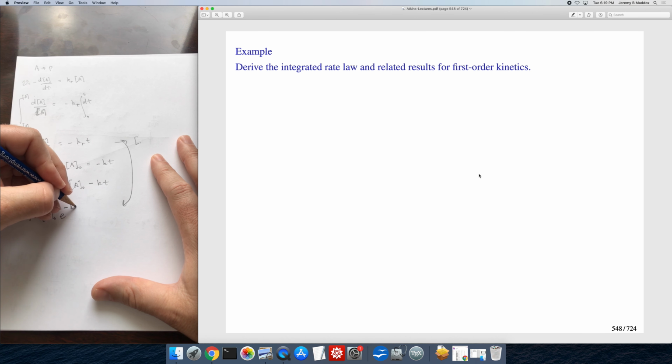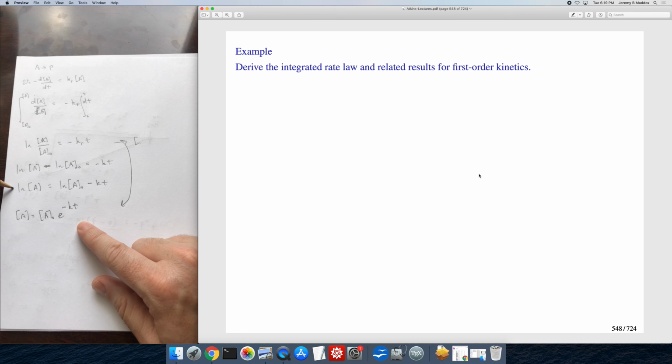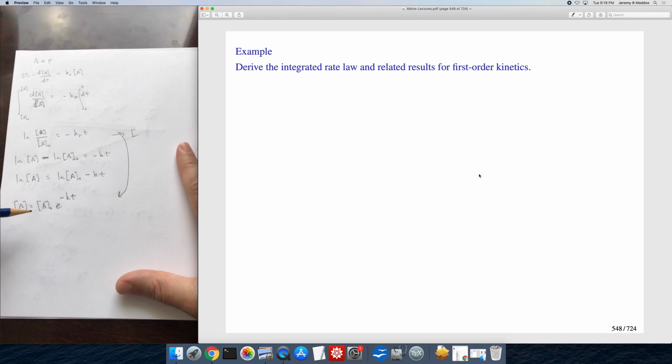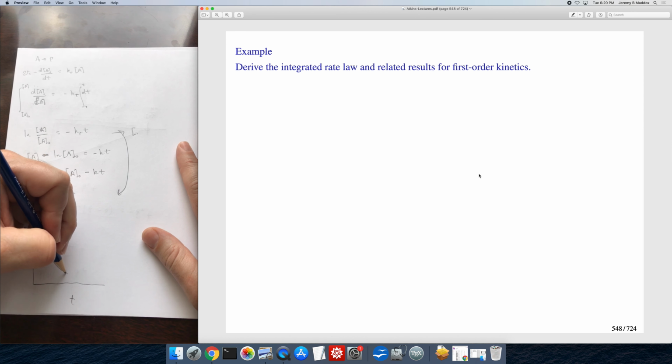Here, this is the part that I like because it highlights the exponential decay of the reactant, which is the hallmark of first order kinetics. I like to call this the linear form of the first order rate law. And the reason I call it the linear form is that if you take, well, let's start with the exponential form. If you plot A versus t, here's your initial concentration, A0, it decreases exponentially.